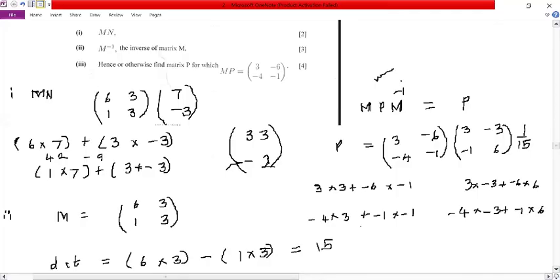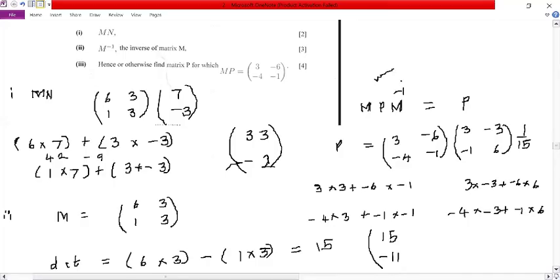Then if we simplify our matrix, we end up with 9 plus 6, which is 15. Here it's minus 12 plus 1, we get minus 11.